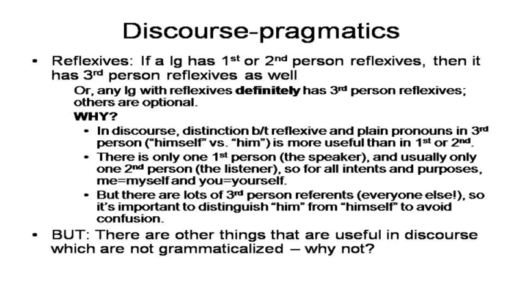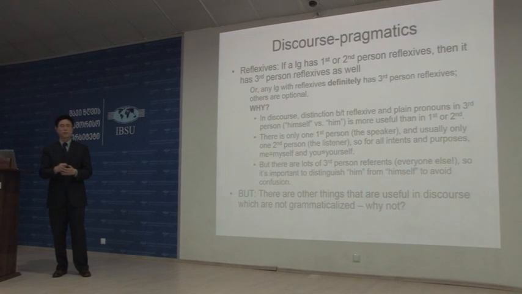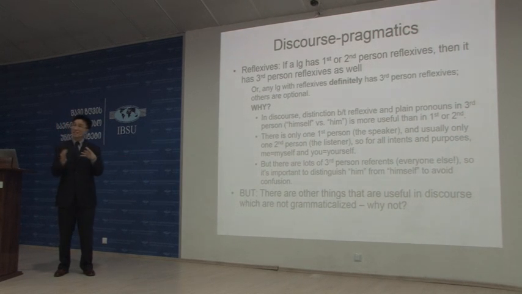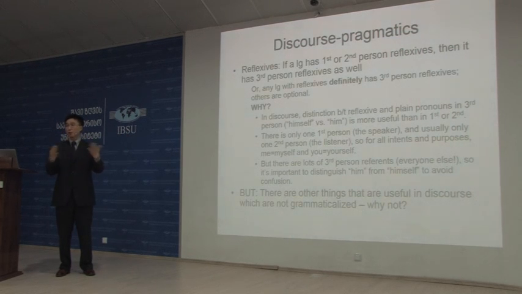So you have these particles that express where you got your information from, and that's grammaticalized in that language. But I would want to know, in that case, why it's grammaticalized only in a very small set of languages, whereas this kind of thing has a much broader appearance.